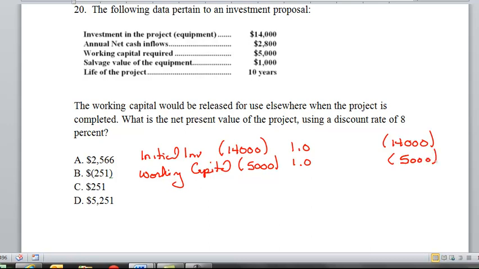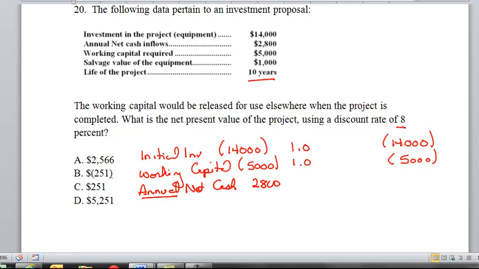Now we want to take a look at the inflows and outflows. So the annual net cash inflows, and that's going to be $2,800. It's positive because it's an inflow. And we want the factor. Now, it's annual, and it's for 10 years with a discount rate of 8%.